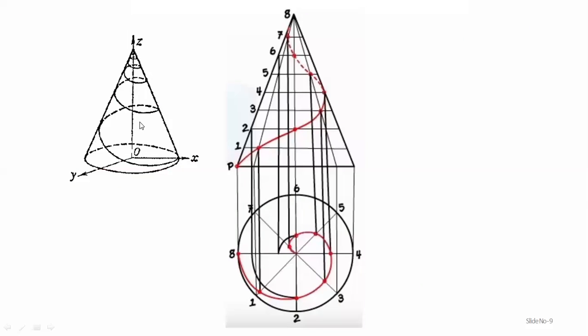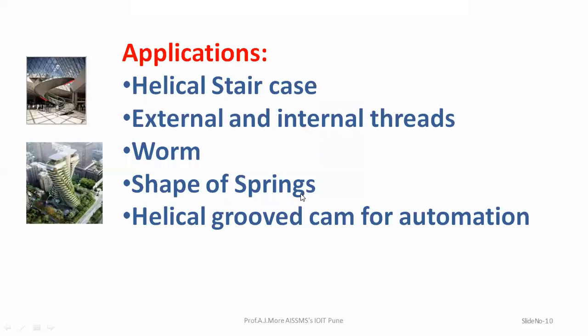This diagram shows the helix on the cone for 1 revolution, 2 revolution, 3 revolution, 4 revolution, and 5 revolution, like this. And this diagram indicates the actual helix on the cone for 1 revolution.